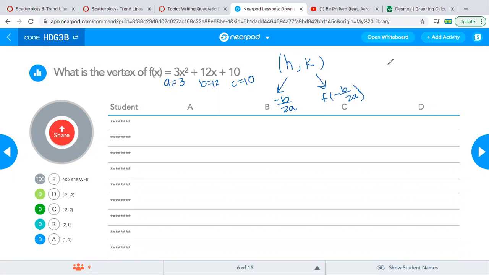To find the x, you would use negative b over 2a. And then when you find that, you'll plug it back into the equation to find y.